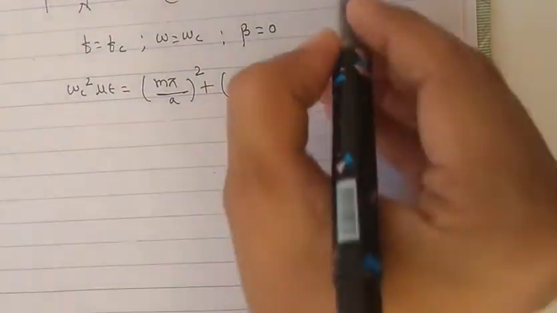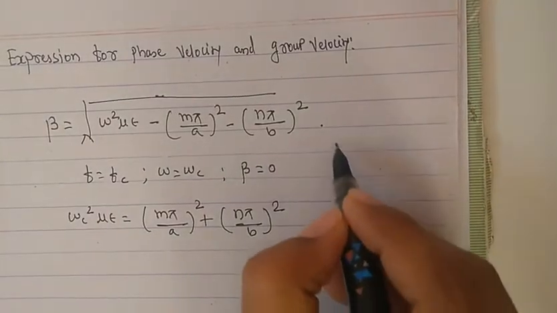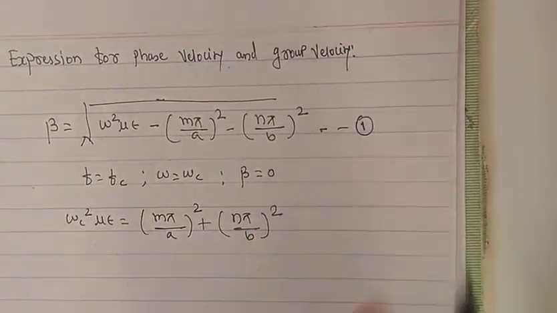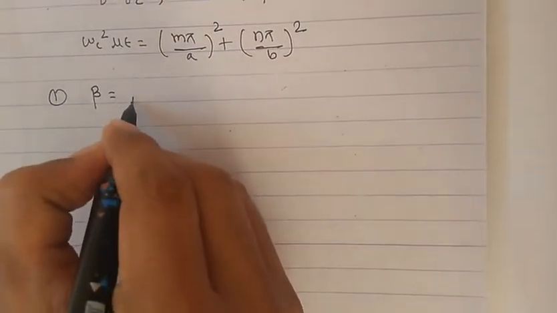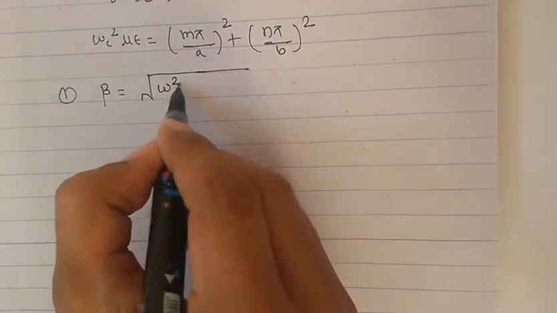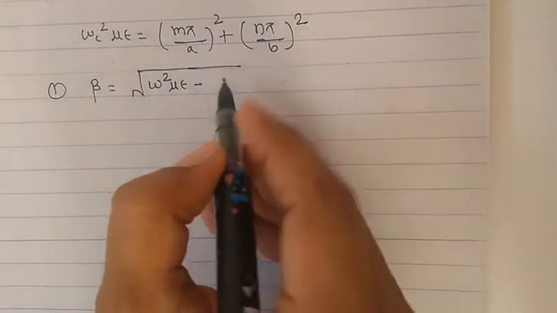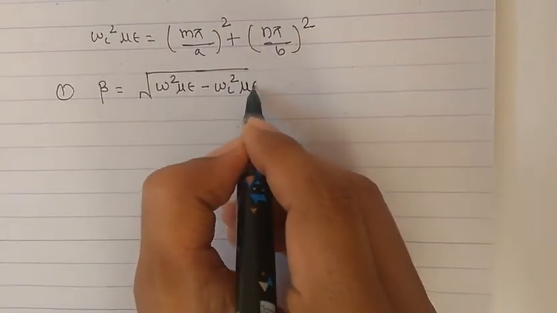This equation of beta, let us call equation 1. So equation 1 becomes beta equal to the square root of omega square mu epsilon minus omega c square mu epsilon.